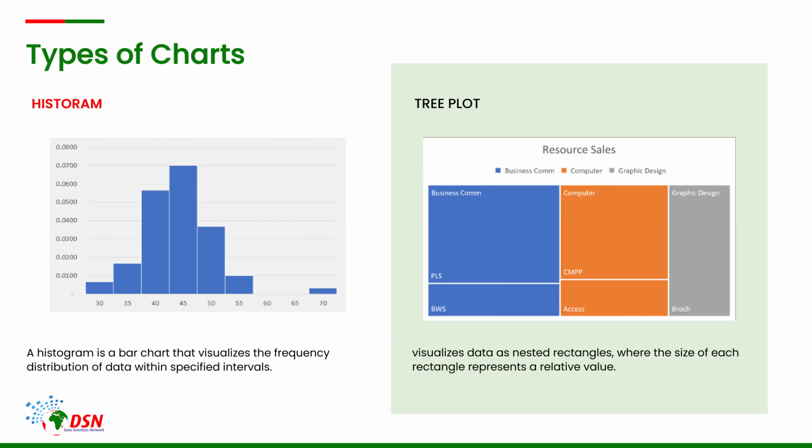So I said a histogram is a bar chart that visualizes the frequency distribution of data within specified intervals. We have to specify the interval, like 30 to 35. We realize that 30 is not under one particular rectangle, and 35 to 40 is not under one rectangle. There is no number that is under a particular rectangle. Oh okay, yeah, you can actually have it that way too.